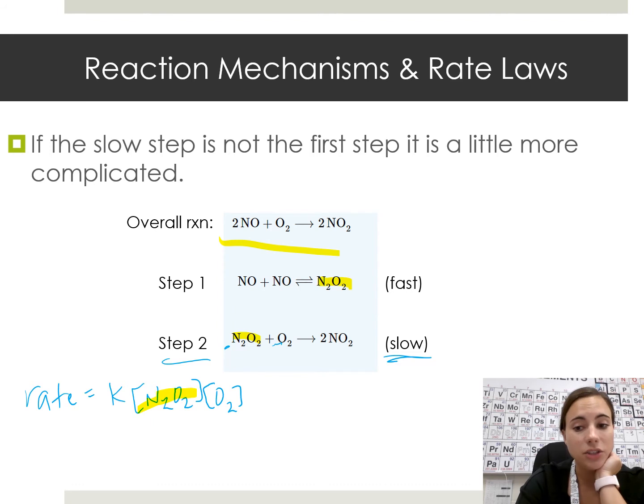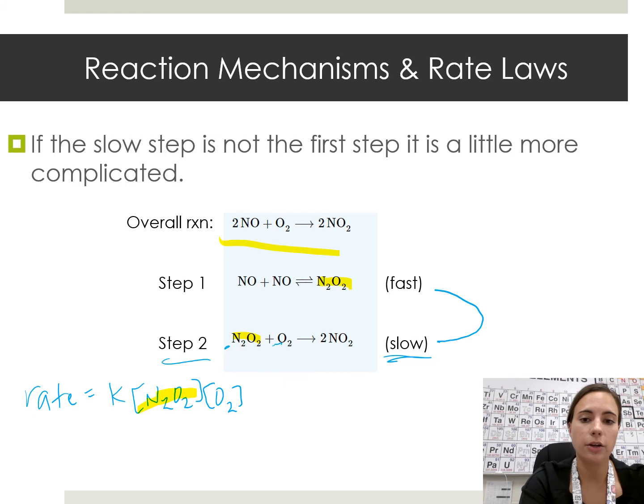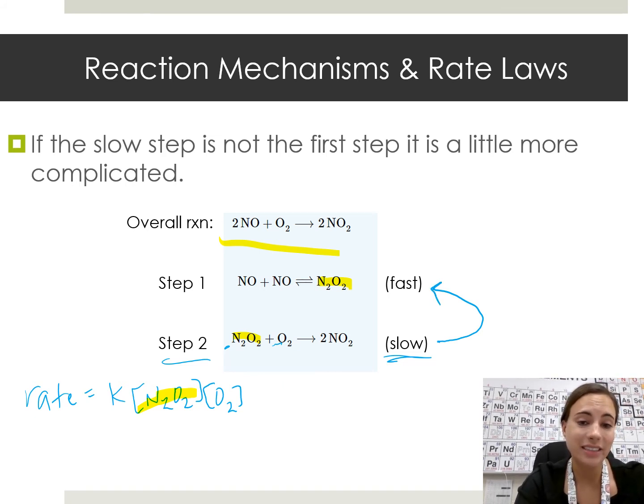So what I have to do is solve for that intermediate and plug in for it. Anytime that your slow step isn't your first step, the preceding step is going to be in equilibrium. And that just means that it's going forward and reverse. That's that double-sided arrow.